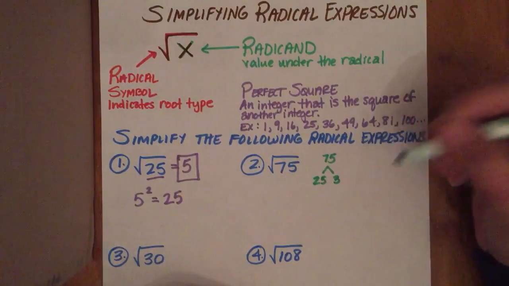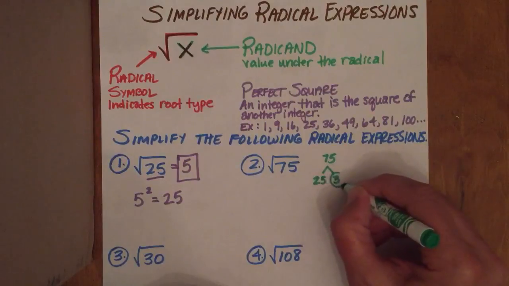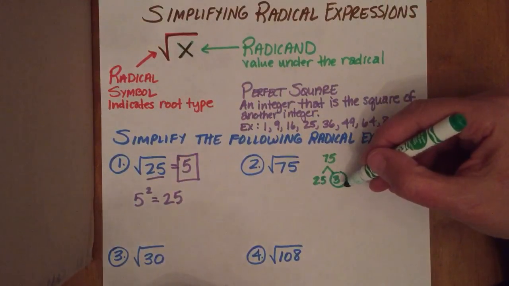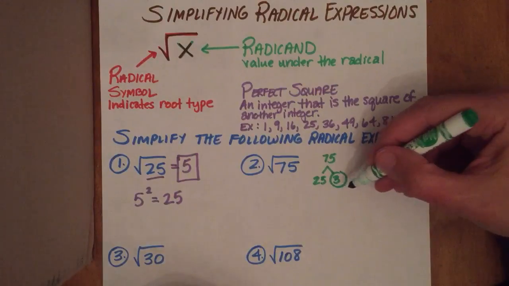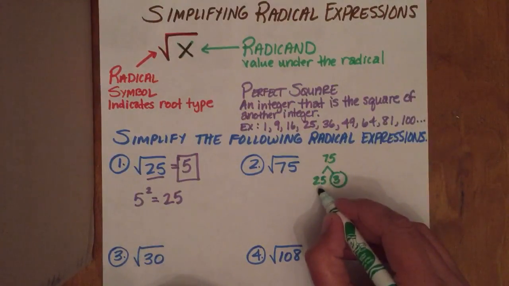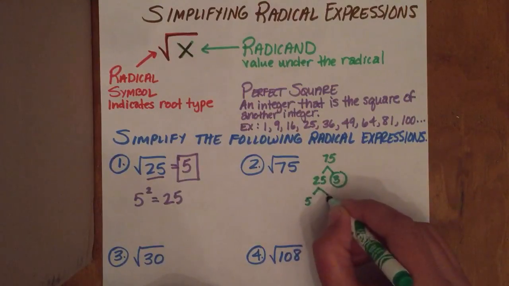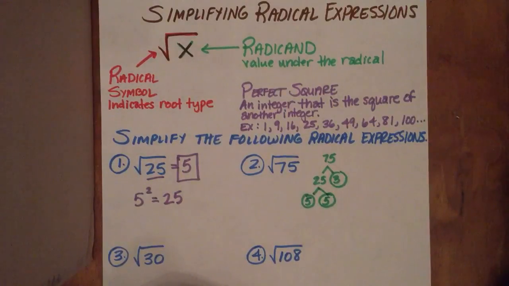Observing the 2 factors that I have, I realize that 3 is prime, so I'm going to circle that. That ends that particular branch of our tree. I do have 25 over here, so I'm going to factor that out, and that is 5 times 5. Again, 5 and 5 are prime, so that ends those branches. So I'm done with my prime factorization.